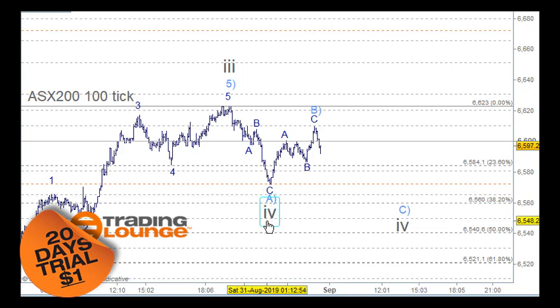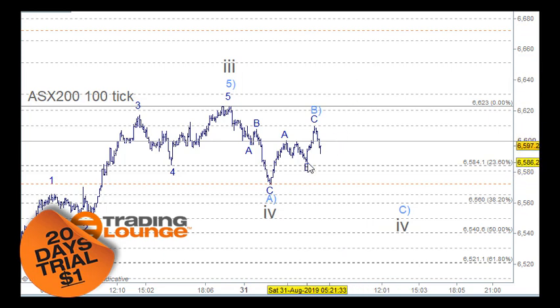For that to be the case, then we would need to look at this as wave 1 here and wave 2 here. Then we'd also need to look at this as wave 1 and wave 2 here. So if you see the market breach this low here, this wave B low, then you'll know that the bullish move up here is not going to take place.